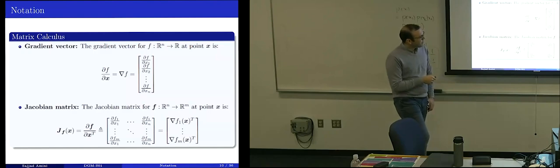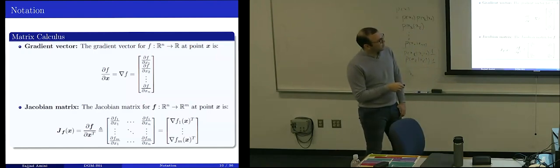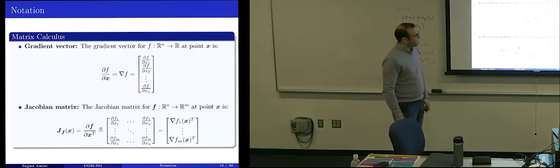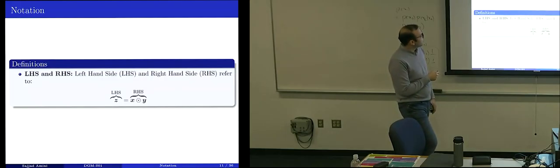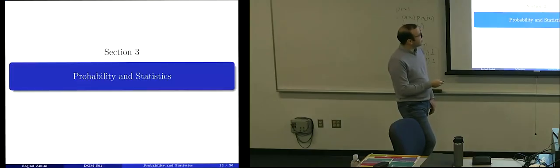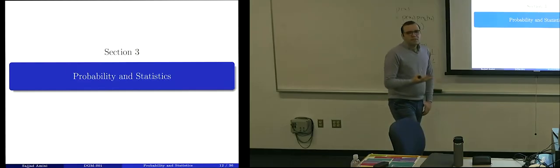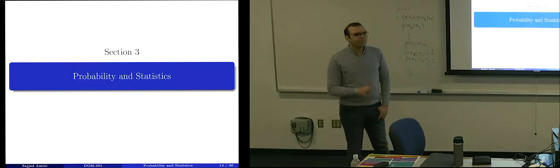And also the Jacobian matrix for a function from a vector space to a vector space is defined as this, where the first row is the gradient vector of the first output with respect to the input, which is not very important. I usually use LHS and RHS, as you know, left-hand side and right-hand side. This is just a notation, okay?